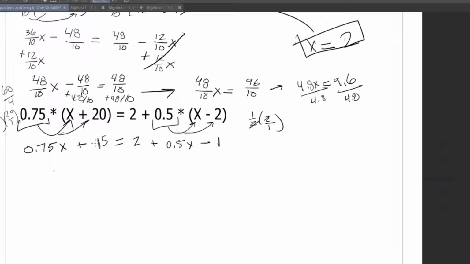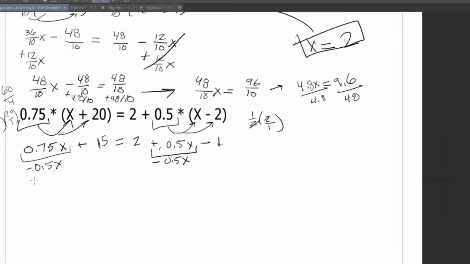So we have 0.75x plus 15 equals 2 plus 0.5x minus 1, right? Since this x quantity, 0.75, is larger than this one, I'll subtract 0.5x on this side and subtract it on that side. 0.5x minus 0.5x.